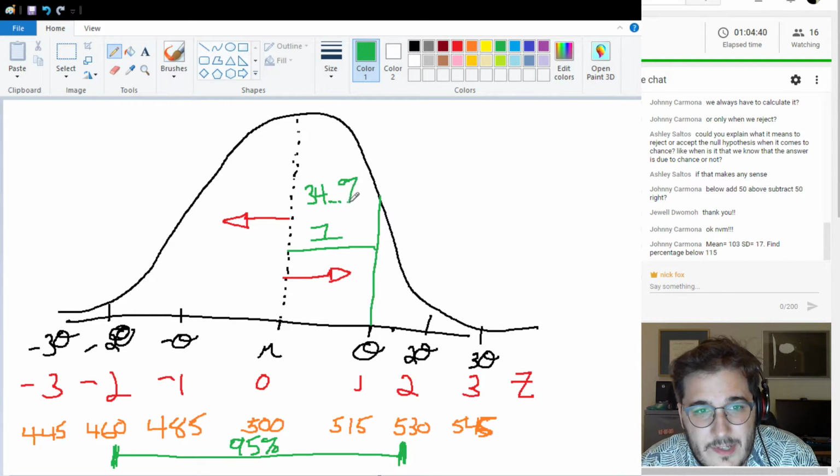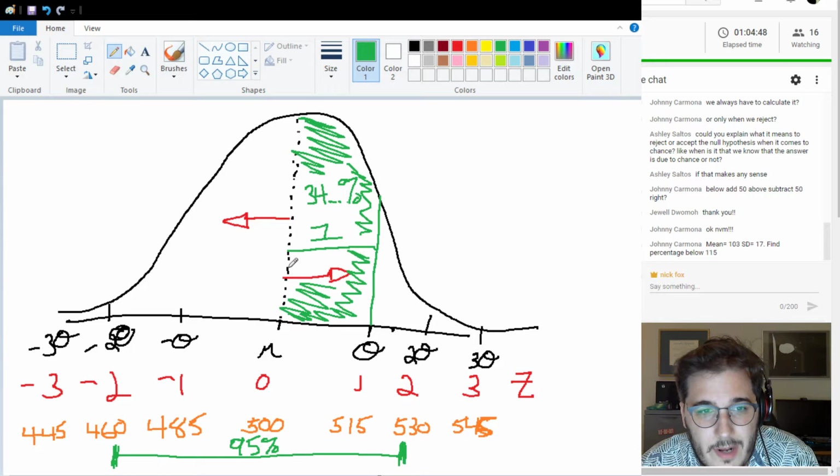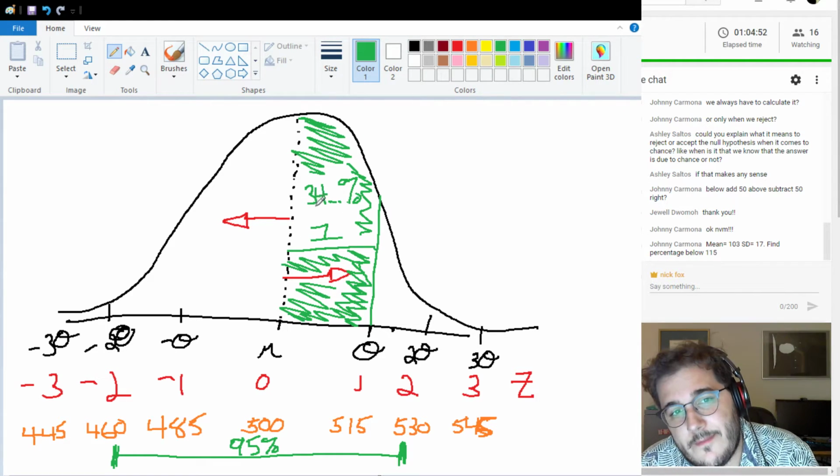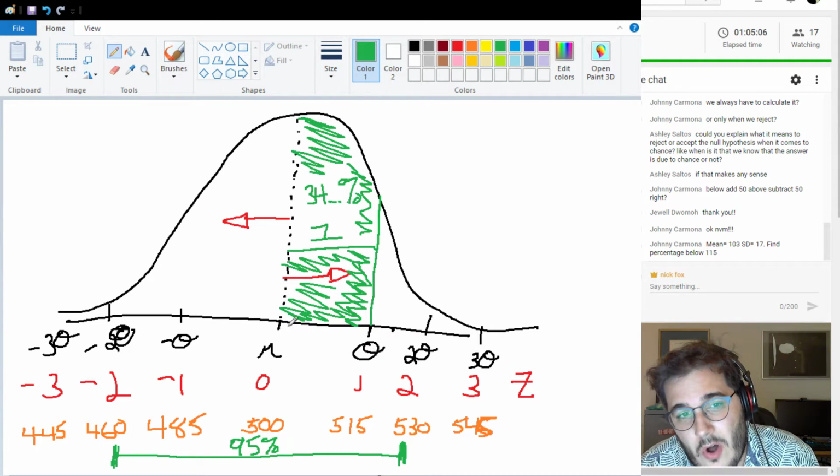And that's the percentage of scores that exist in this part of the curve. Now, green on green looks awful, but whatever. So if you look in the back of the book for a z-value of 1, which says what is the area under the curve when my distance is from 0 to 1, so this distance here on the x-axis, the amount is 34% of all observations.